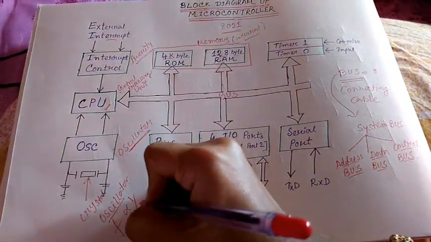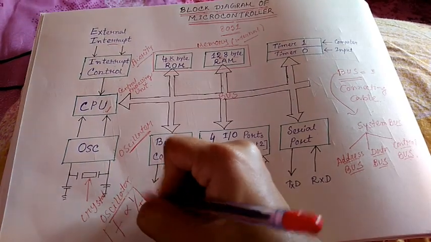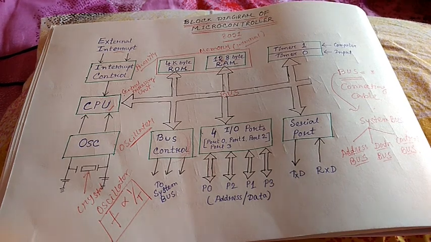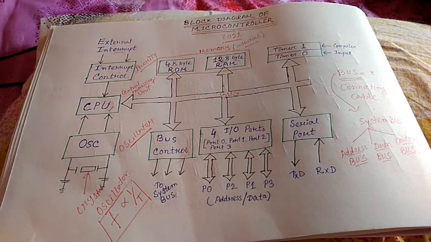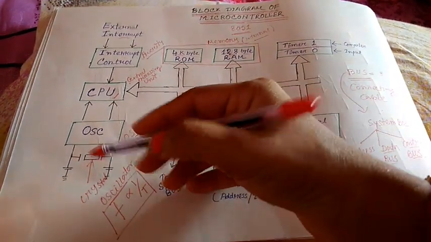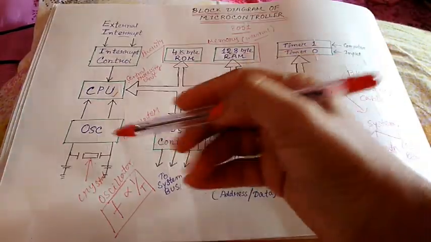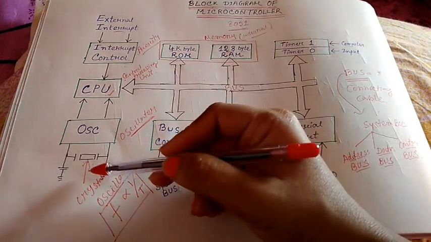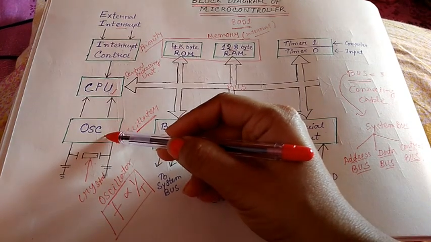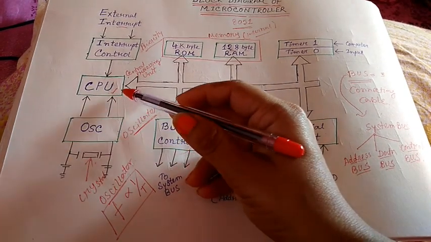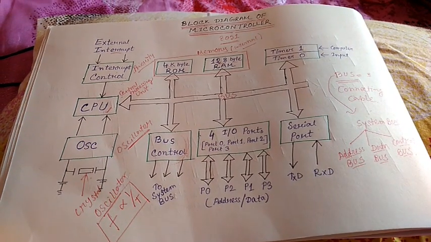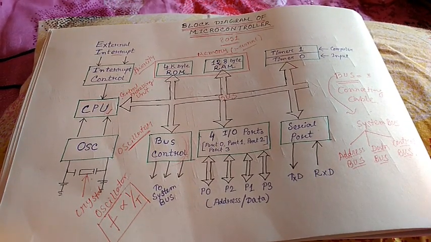As we all know the equation, that is f varies as 1 by t, that means when frequency increases, time is less. So oscillator can control, and this is the crystal oscillator, which is connected to the two parts of the oscillator, and through this oscillation block, the clock pulse goes to the CPU for the operating purpose.